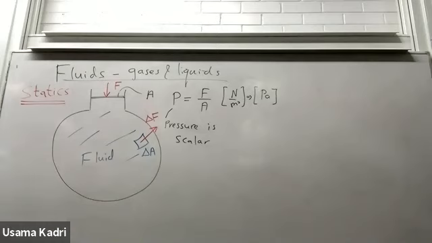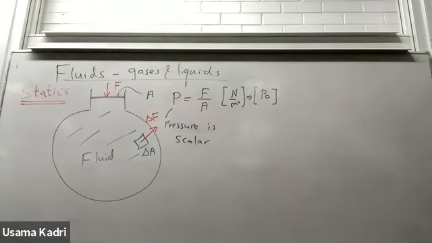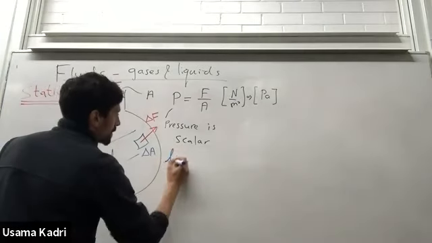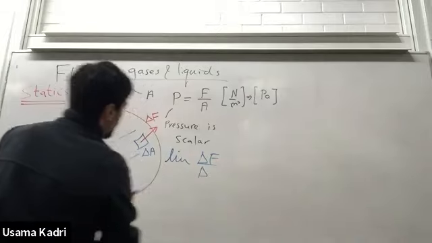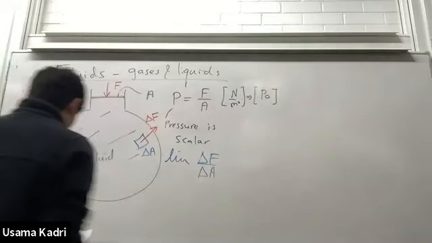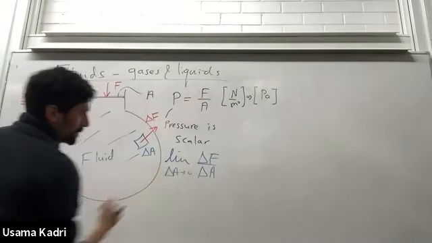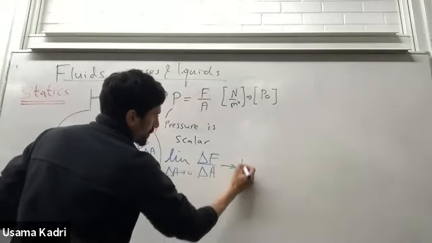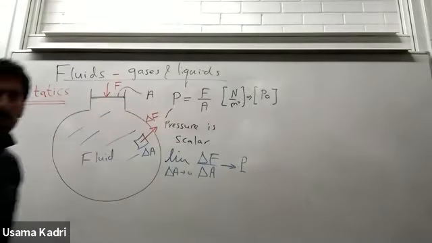That means that if we take the limit of delta F over delta A, when delta A goes to 0, this would tend to the same pressure that we apply here on that surface.